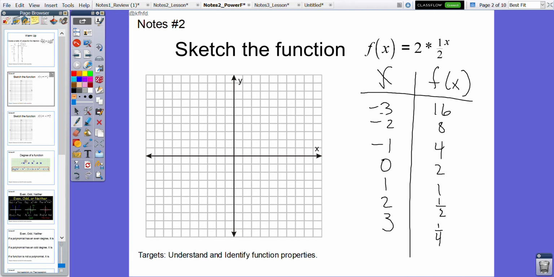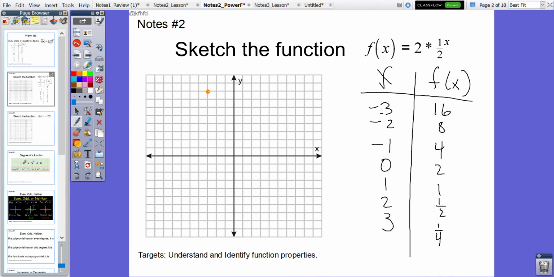When we plot this exponential function, we treat each pair as an ordered pair. So -3, 16, where each grid line is worth 2: 2, 4, 6, 8, 10, 12, 14, 16. So -3, 16 would be about right there.